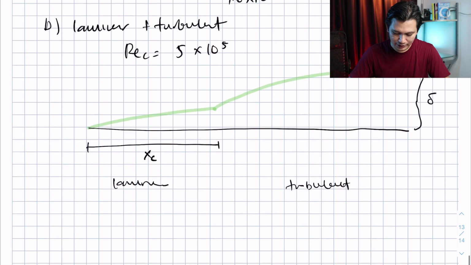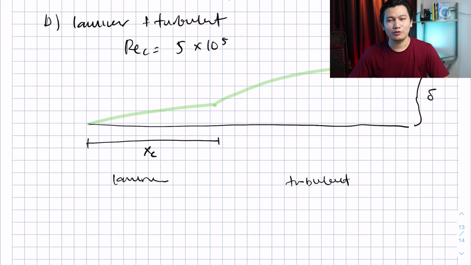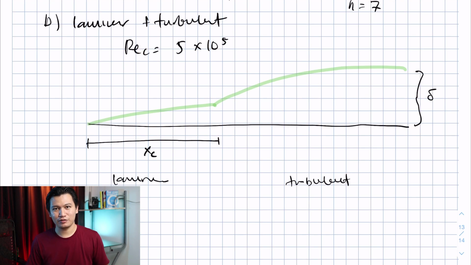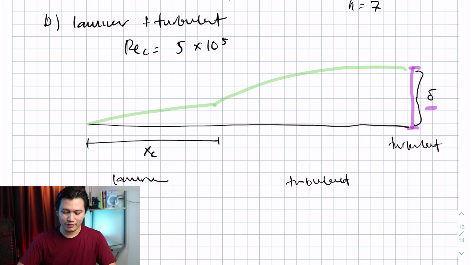Okay, so to find del, first, you know that del is given in terms of x, right? And you know that you're going to need x, right? Alright, and the del for turbulent, because del here, if you notice, is related to this thickness, and this thickness is actually inside the turbulent region. And if you remember, previously we already have this equation.